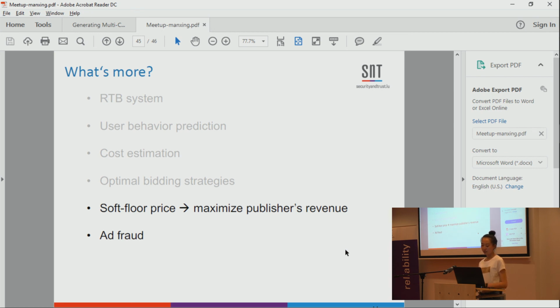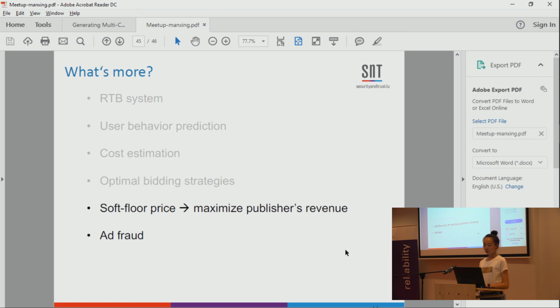But on the publisher's side, they also need to set some price to maximize their revenue. And also, we can see some ad fraud, because maybe some websites just generate clicks automatically, which will take advertisers' money, but there's no profit generated because no one will actually buy anything. So in this area, you can also work on ad fraud detection.